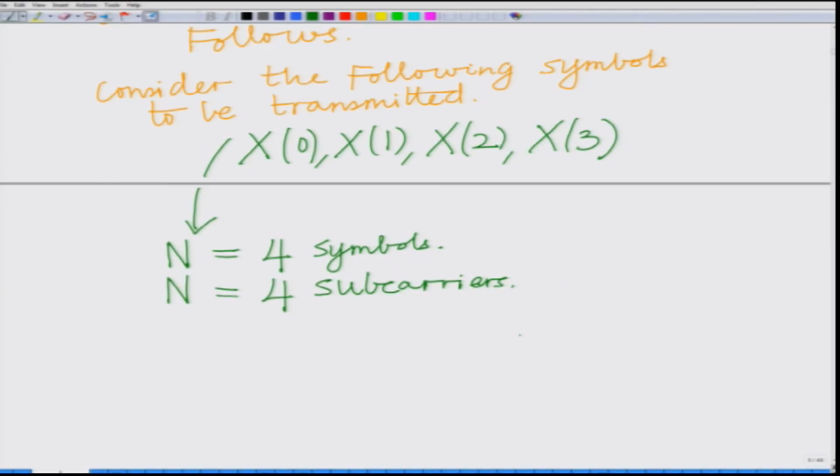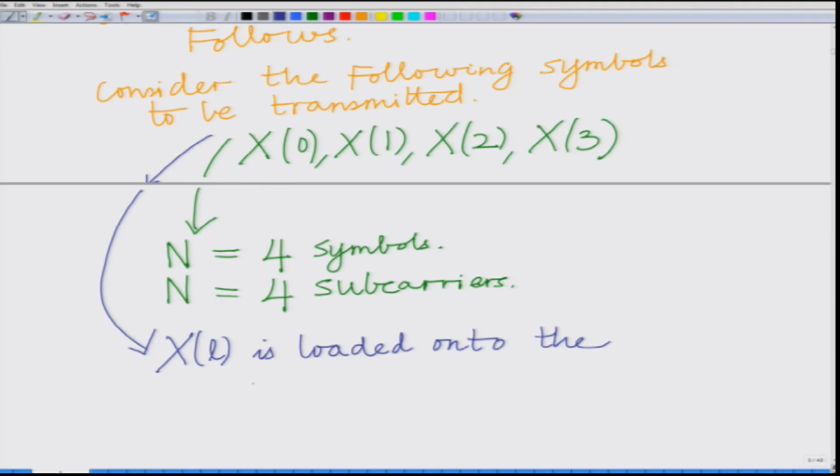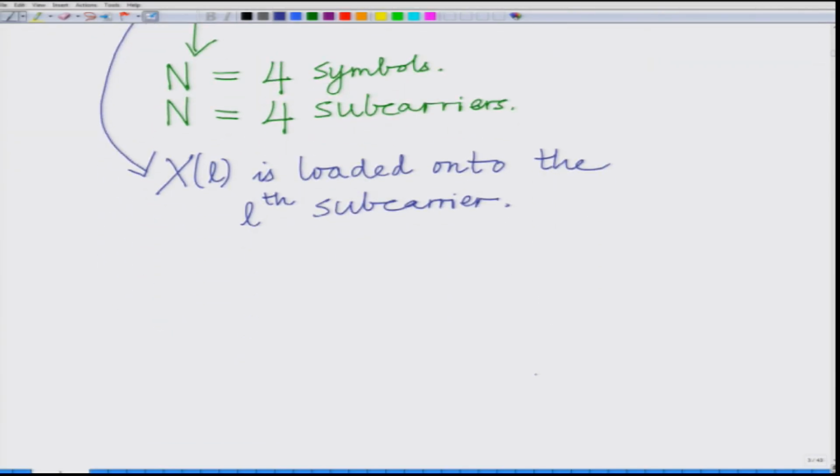Let us clarify this: capital XL is loaded, the terminology used is loaded, onto the lth subcarrier. There are 4 symbols, they are loaded onto the 4 subcarriers. In a general scenario, you have capital N symbols and they are loaded onto the capital N subcarriers.